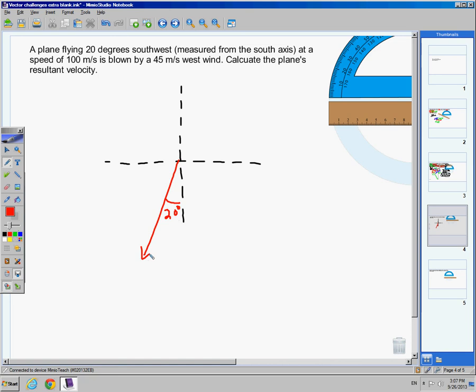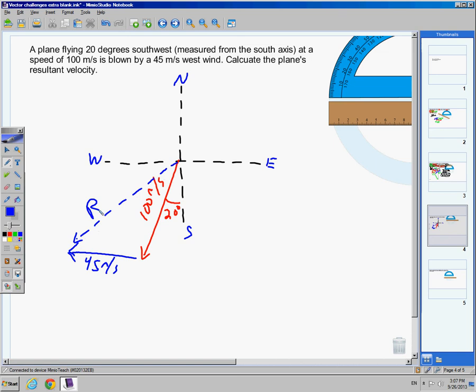It is going to be 100 meters per second. Is blown by a 45 meter per second west wind. I'm going to pick a different color. Well, I know directly west, if you forgot your coordinates here, I know this is going to be a horizontal line. It is not drawn to scale. I know that, so I'm going to say 45 meters per second. My resultant is in the general direction of this way.